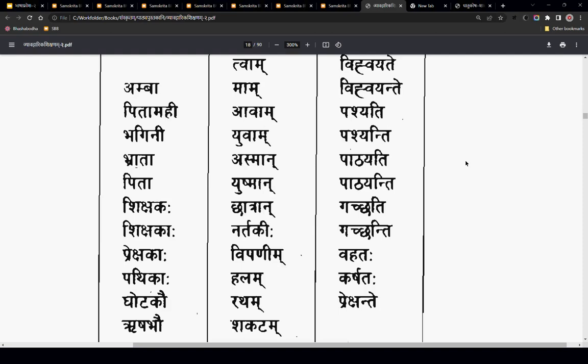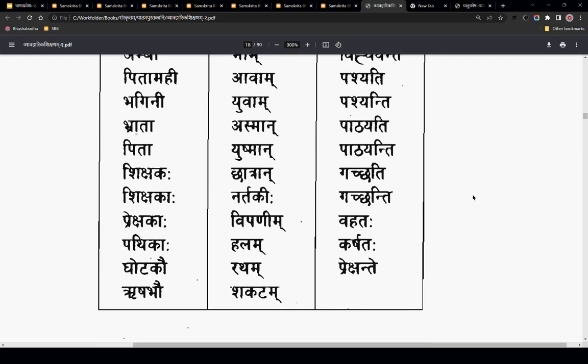What is shakatam? It's like a cart. Yeah, cart. Vrishabhau shakatam vahatah. They carry a cart.